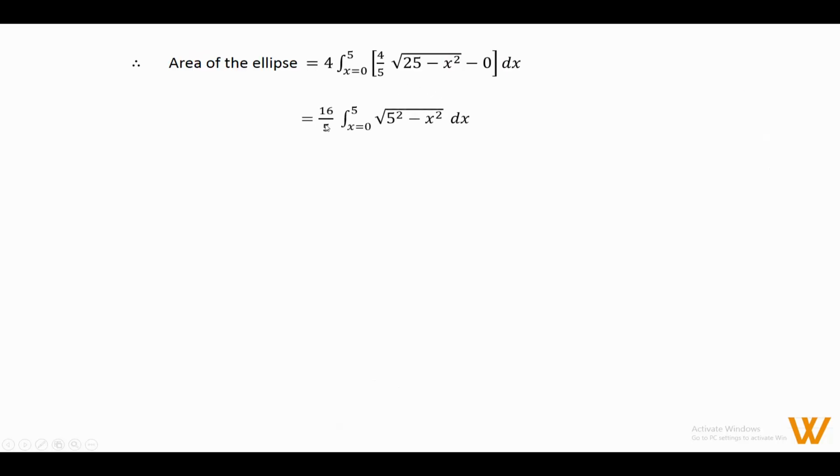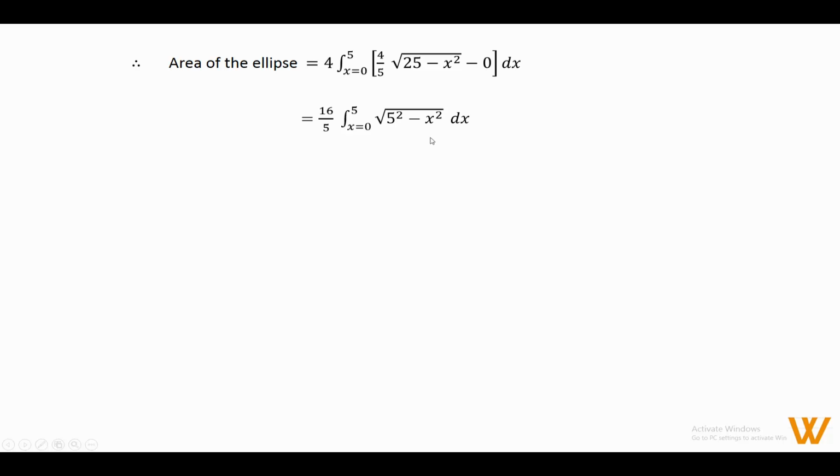We take this constant term 4/5 out of the integration, so 4 into 4 is 16/5, integration x varies from 0 to 5, of square root of 5 squared minus x squared dx.